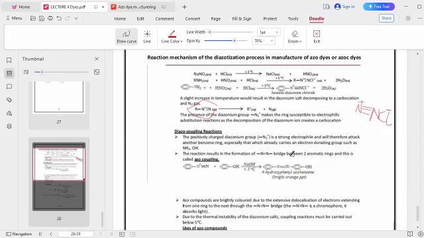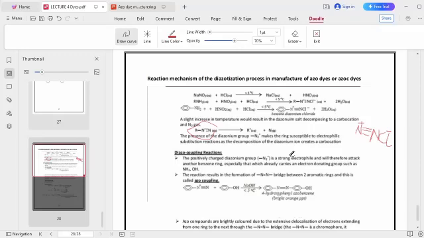So manufacture of azo dyes includes first step nitrosation, where we form this primary amine if we don't have it already. Then the next stage is diazotization, where we form the diazonium salt.